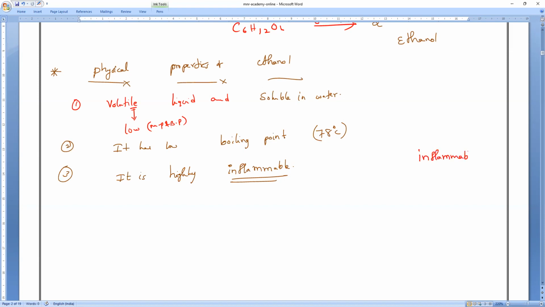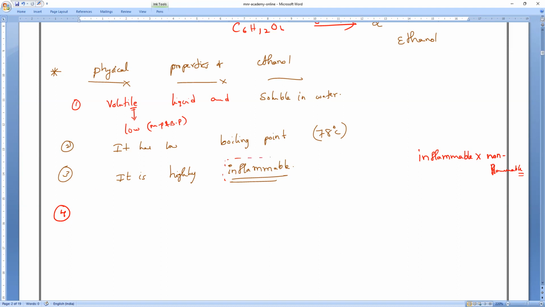Note it. Non-flammable means it will not catch fire. Note the meaning, don't misunderstand. Flammable and inflammable are both the same.